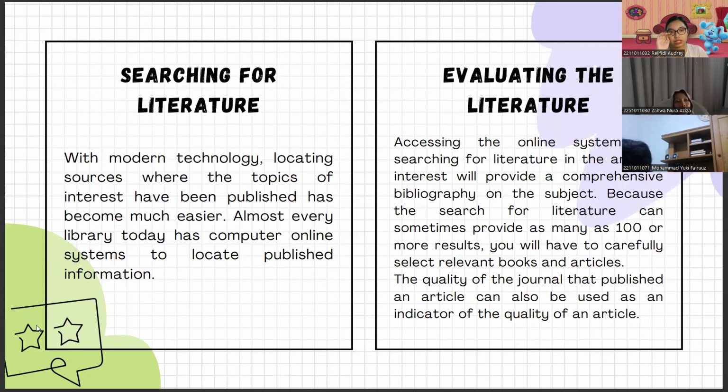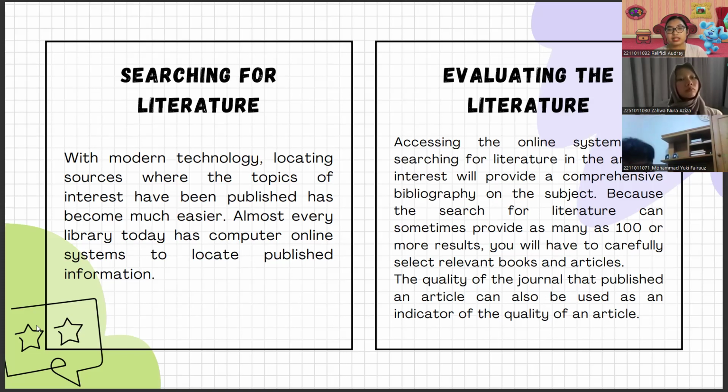And then the next one is searching for literature. With modern technology, locating sources where a topic of interest has been published has become much easier. So almost every library today has a computer online system to locate published information. And then the next one is evaluating the literature.